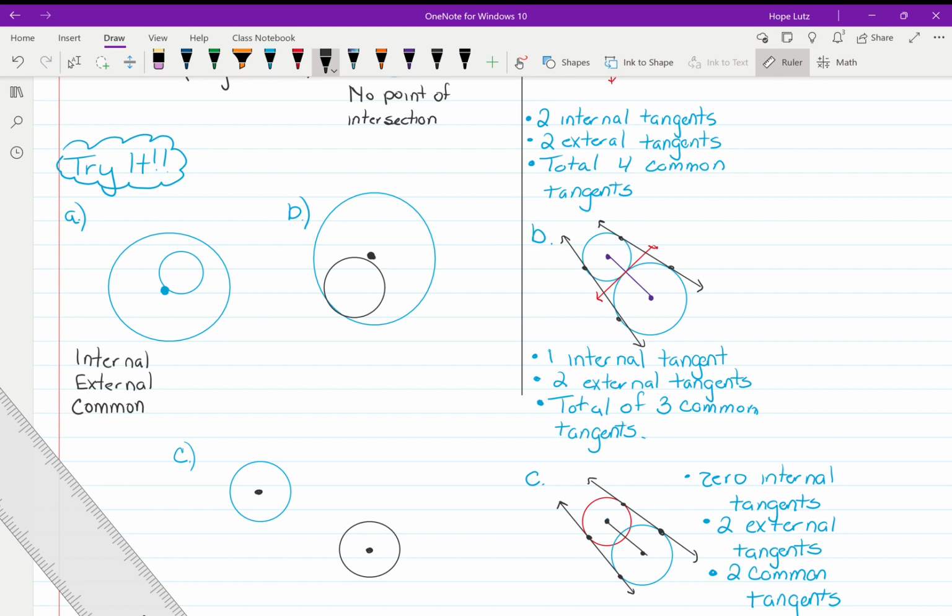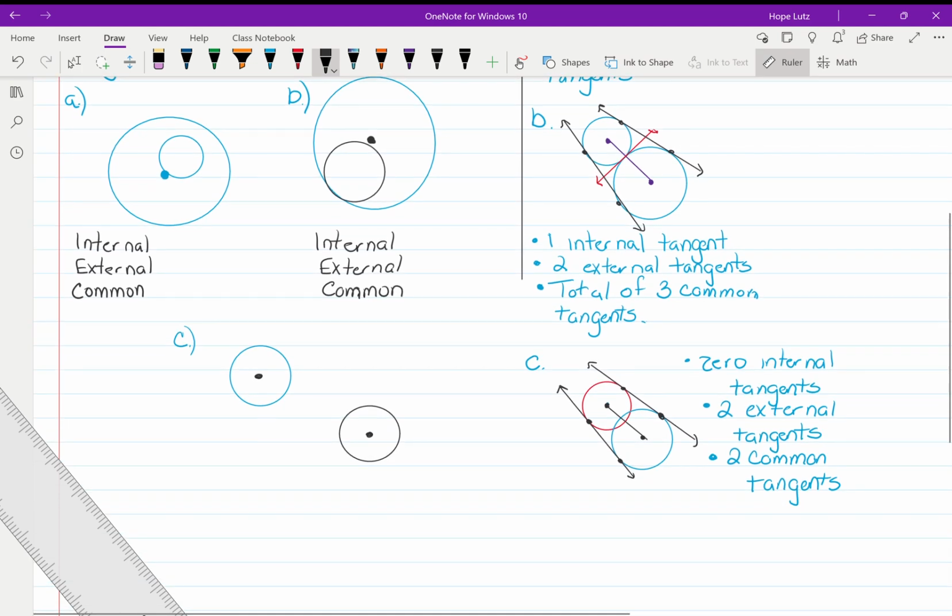Okay, so internal, external, and common. Same thing for C. Internal, external, and common.